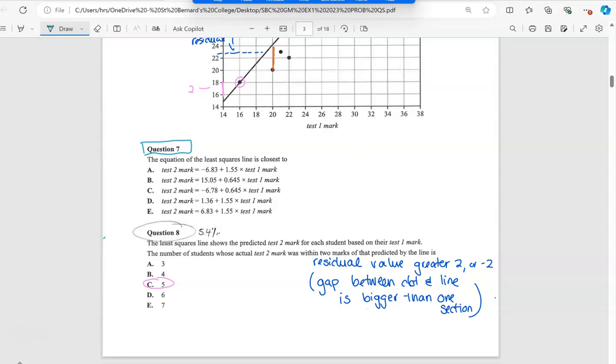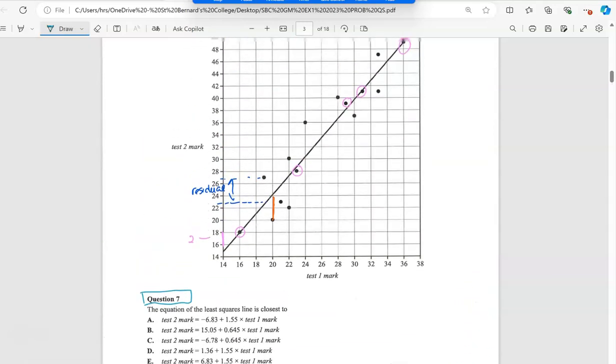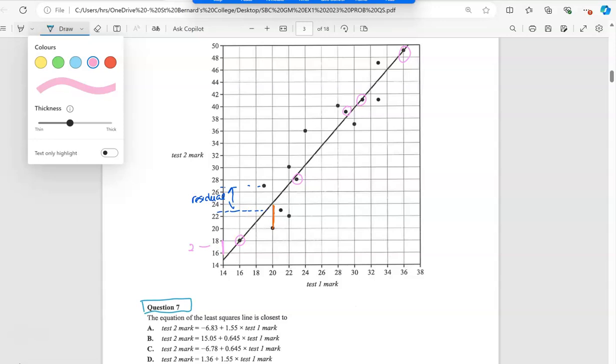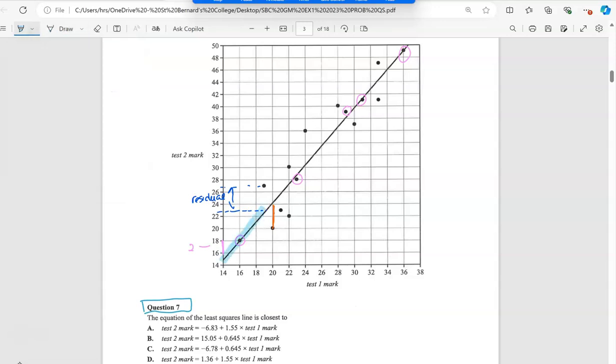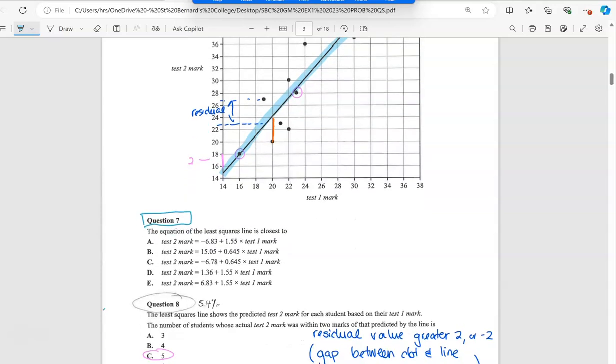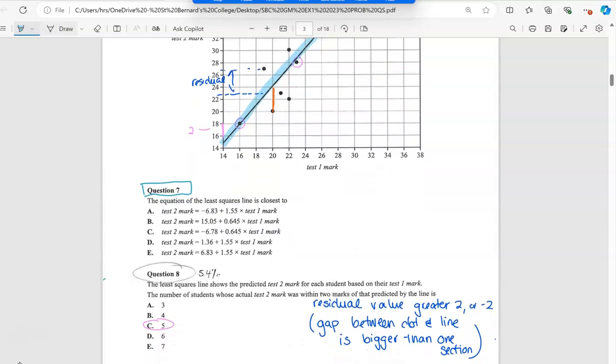So with question 7, you need to get the equation of that line. So they're saying, what is the formula for that line, which is called the least squares regression line. So what you have to do is you use 2 points the line goes through, and then you do a lin reg.